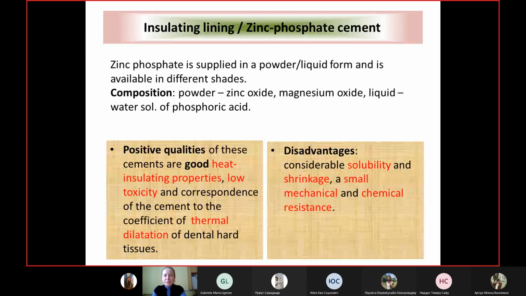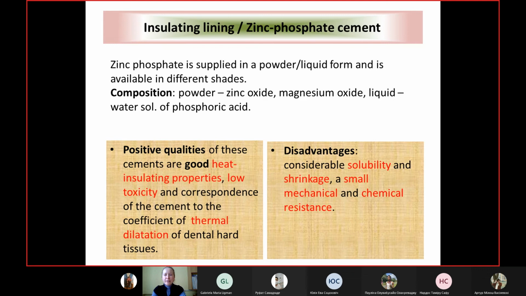Isolative lining, zinc phosphate cement. It is the most widespread isolative lining, base lining. Base lining is placed under amalgams, under chemically cured composite, and as a layer between root filling and crown filling. Those are the indications of base lining.